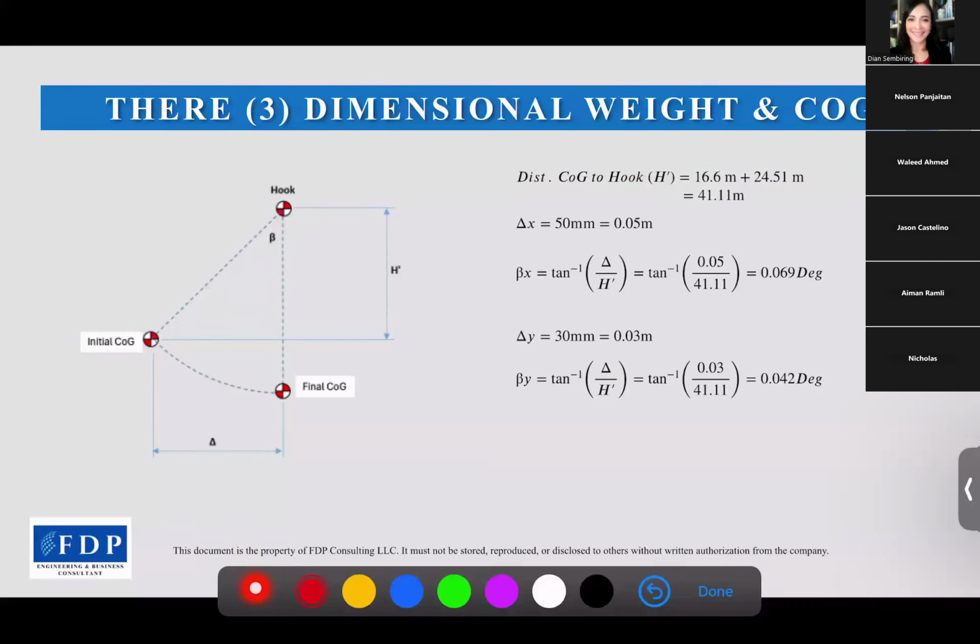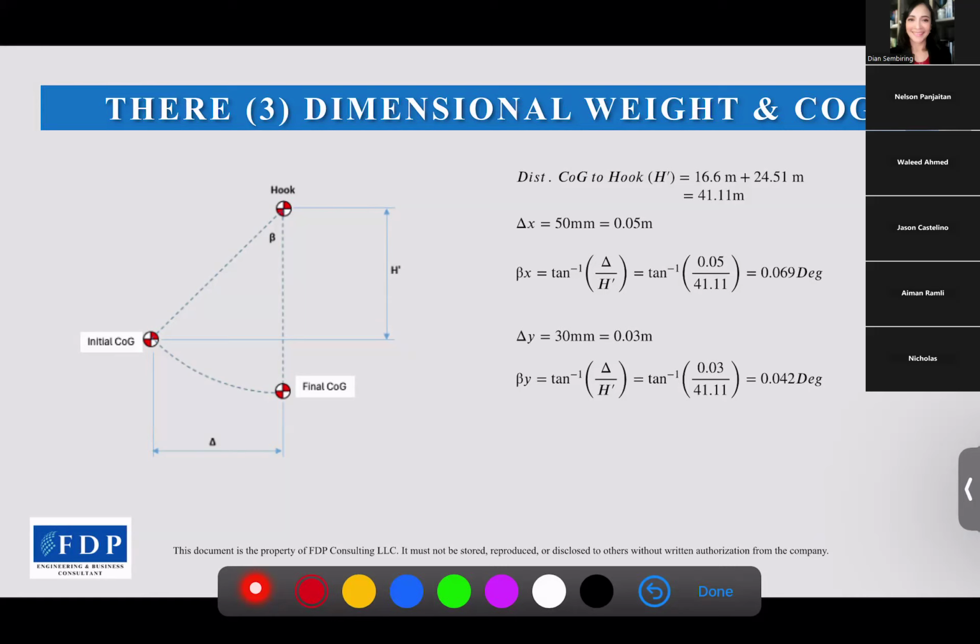So as I mentioned before, the structure will be tilted. That's because the COG of the structure itself needs to find the equilibrium, to fulfill the equilibrium of the system.